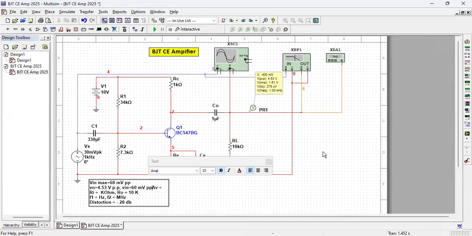Right? If that is so, 4.53 volt peak to peak and input is 60 millivolt peak to peak.